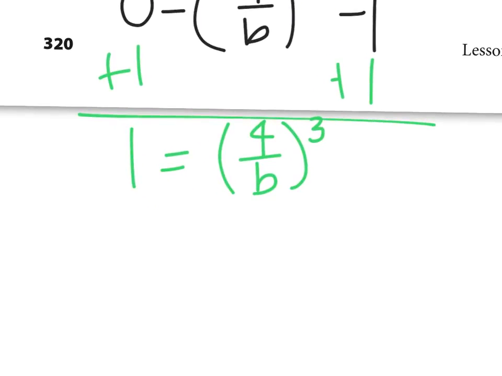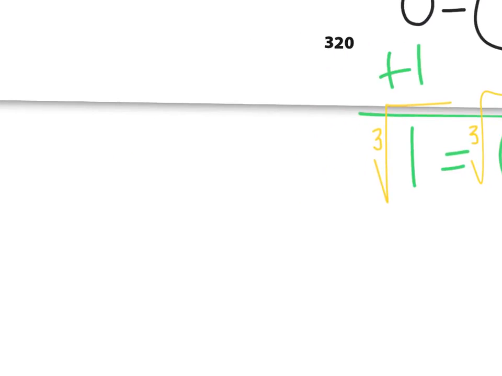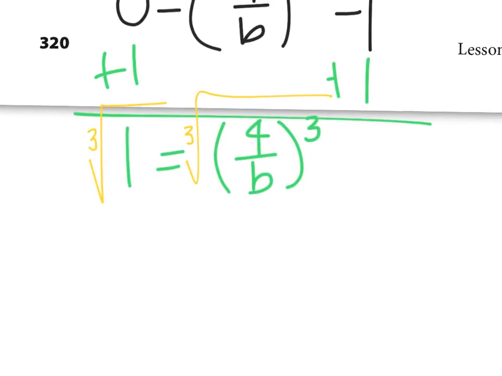To write a cube root, we write a square root, but it has a little 3 there. Did you know that in a square root, there is an understood 2 there? That's what that implies. So when you have a cube root, you just put a 3 there. So what's the cube root of 1? 1. That was easy enough. So I know that 1 equals 4 over b.